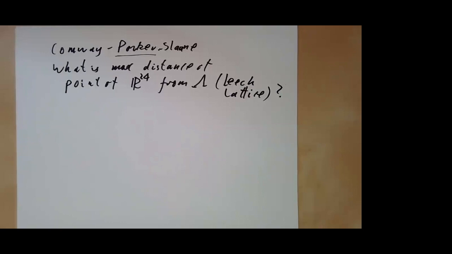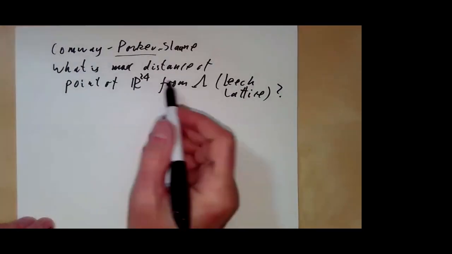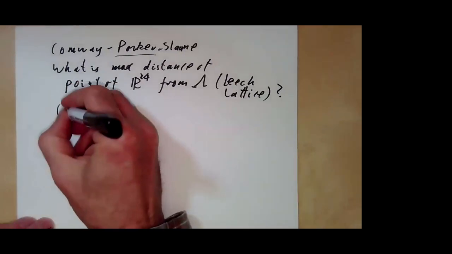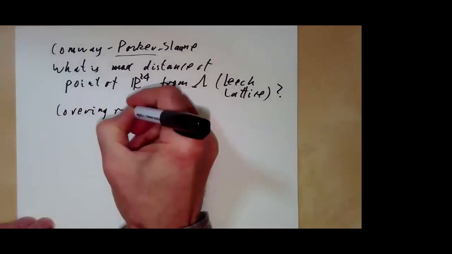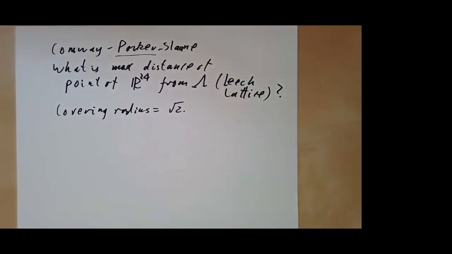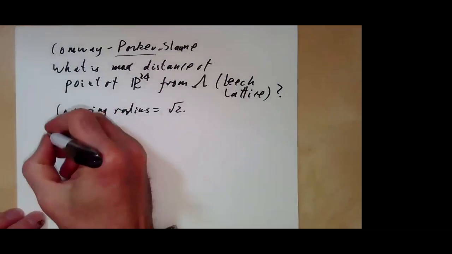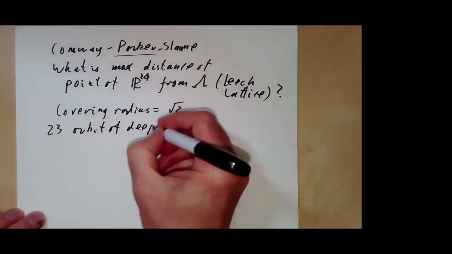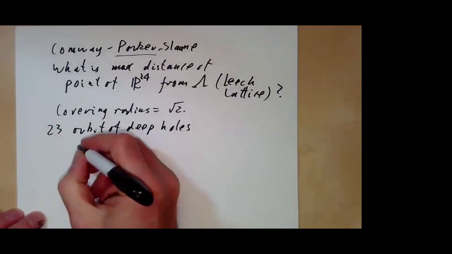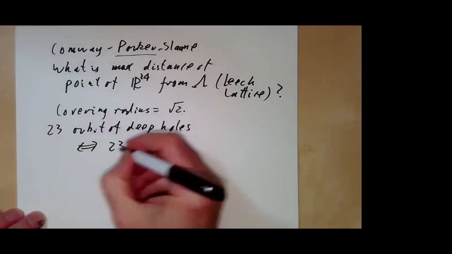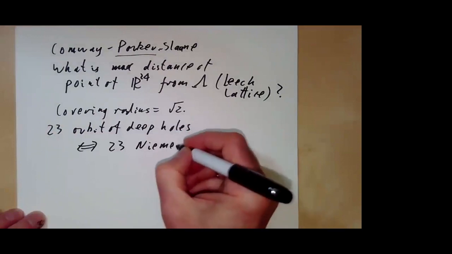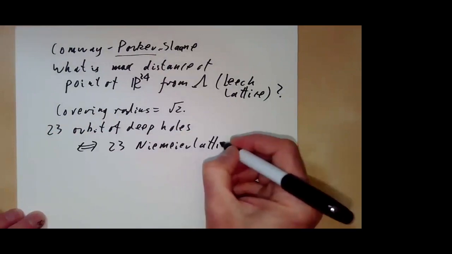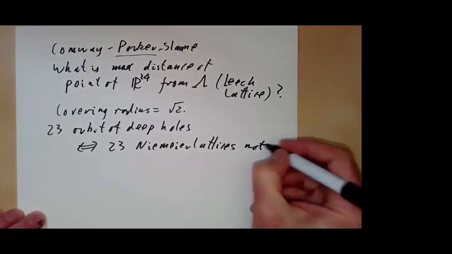And inspired by this, Conway and Sloane found all the deep holes of the Leech lattice, and what they found was the covering radius is the square root of 2. And there are 23 orbits of deep holes. And these turn out to correspond to the 23 Niemeier lattices other than the Leech lattice.